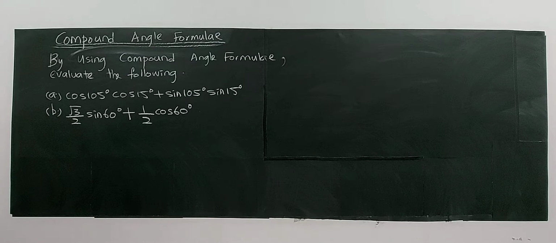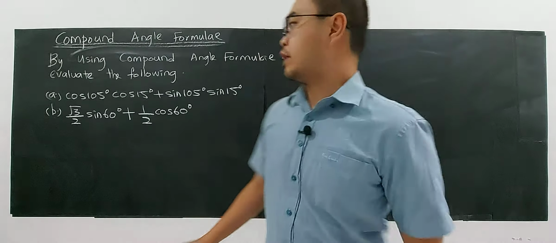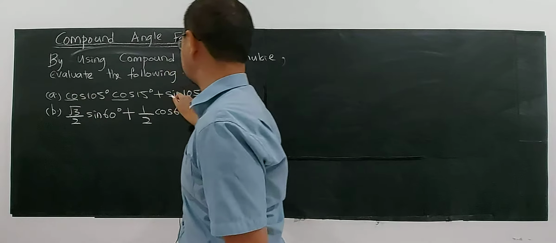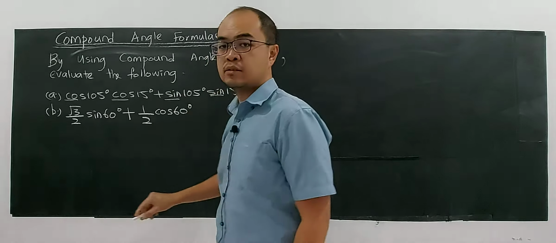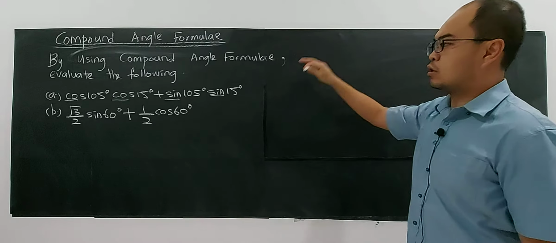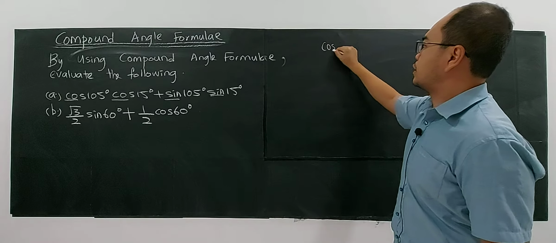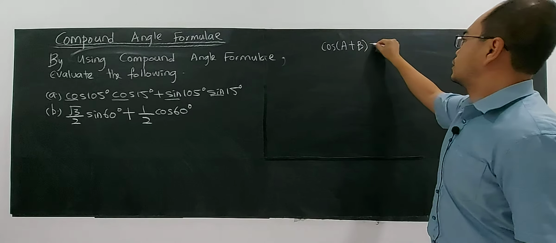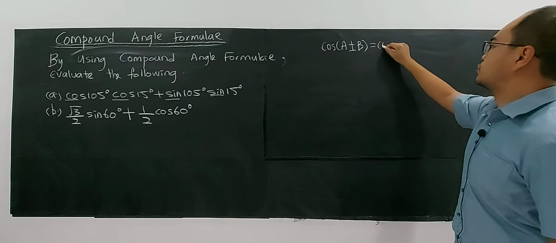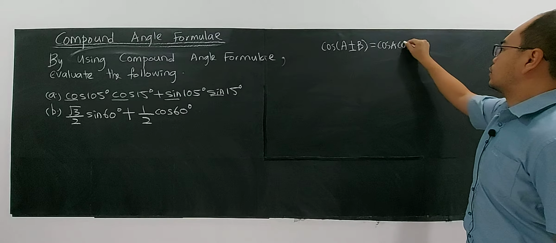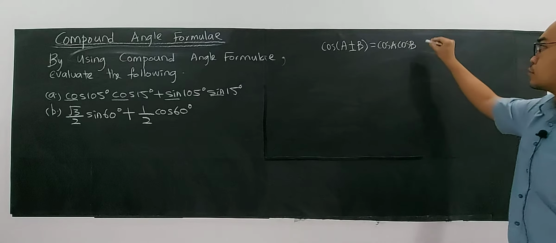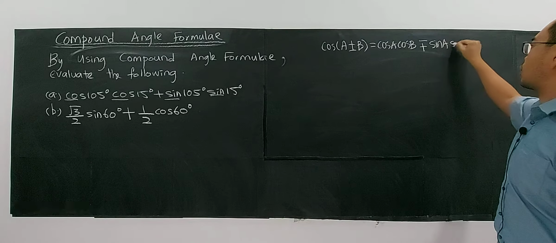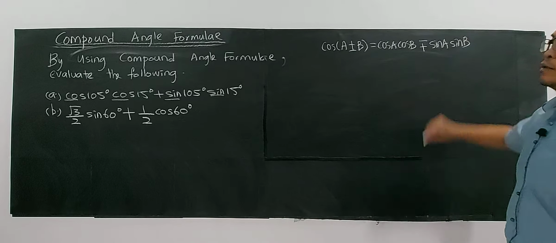So you have cos, sine, and this is plus. If you see a cos and a sine, then you know this will involve the formula of cos(A plus or minus B), which is cos A cos B minus or plus sine A sine B. This is the compound angle for cos, right?